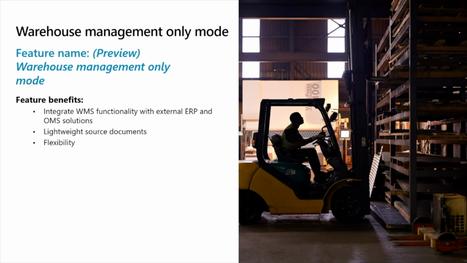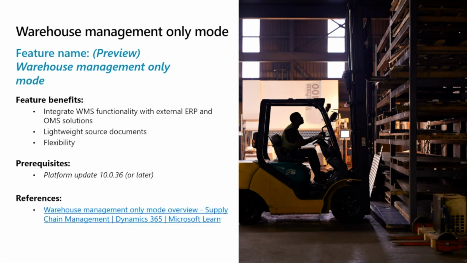Because these documents focus exclusively on warehouse management, they can replace multiple types of general purpose documents such as sales orders, purchase orders, and transfer orders from a pure warehouse management perspective. We presented the details of this solution in a recent Tech Talk, and I have linked that here in the references along with the public documentation.